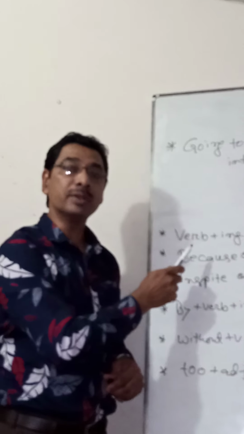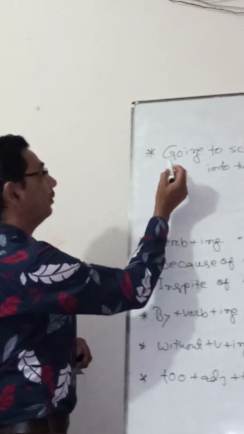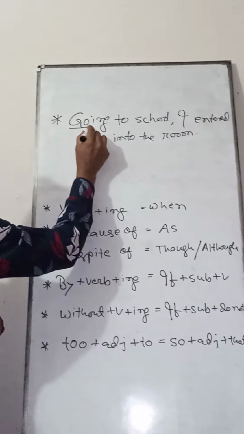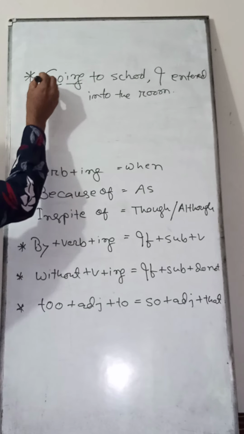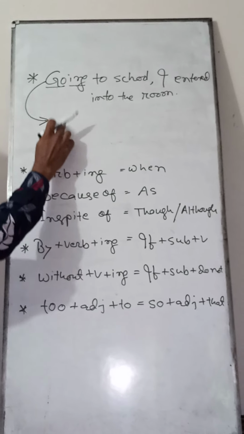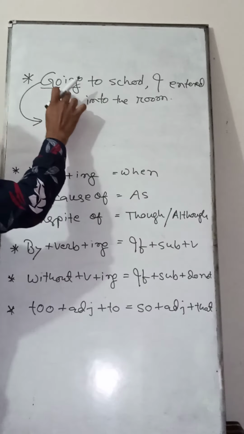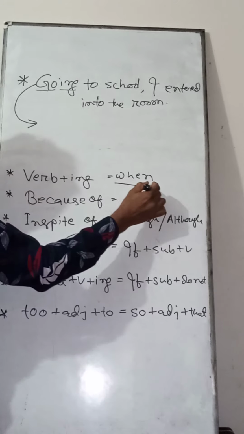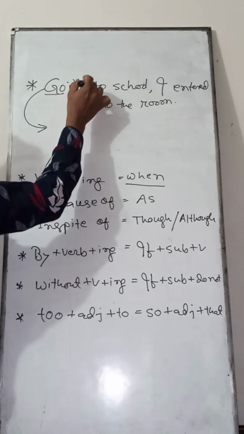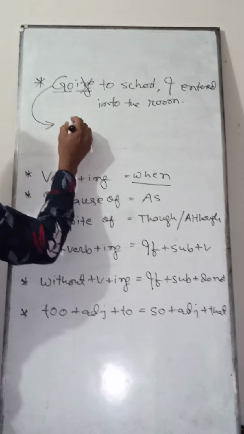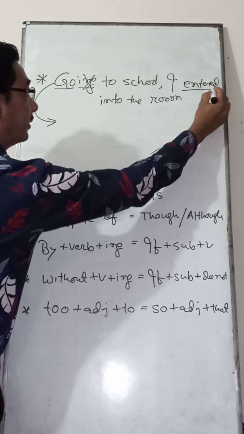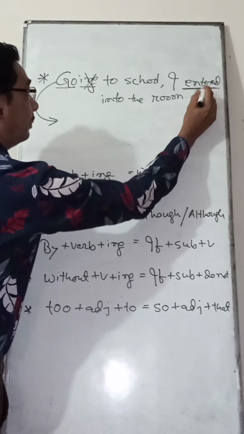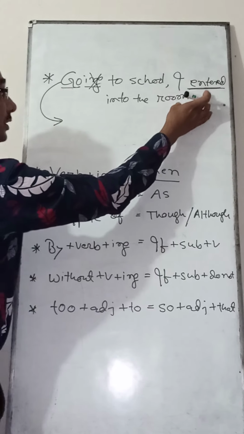This is a simple sentence because you find go plus ing, verb plus ing. If you want to transform this sentence from simple to complex, you have to add when and withdraw ing. You entered, and this verb is in past form, so this is past tense.